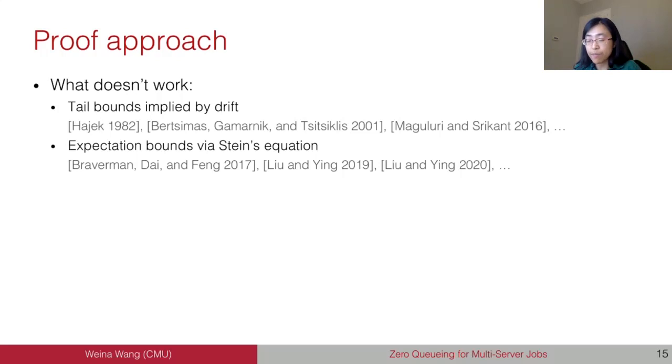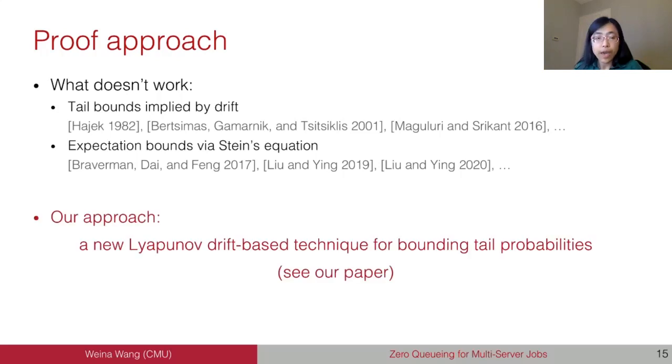As I mentioned, neither of those two approaches worked. So what we ended up doing is also based on the drift of Lyapunov functions, but we proposed a new way to construct a Lyapunov function and a new way to interpret its drift. By doing this, we can bound the tail probabilities that are needed for bounding the queuing probability. For more details of our approach, please see our paper.